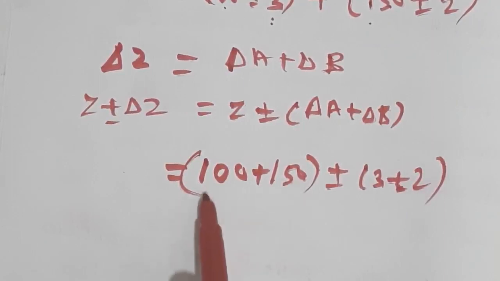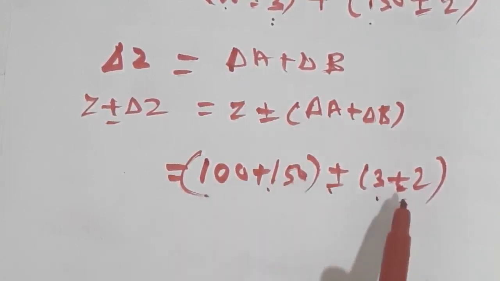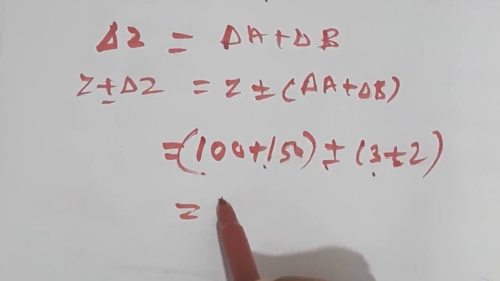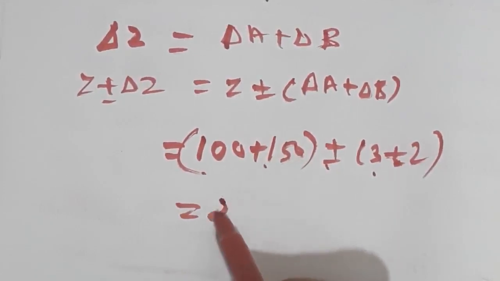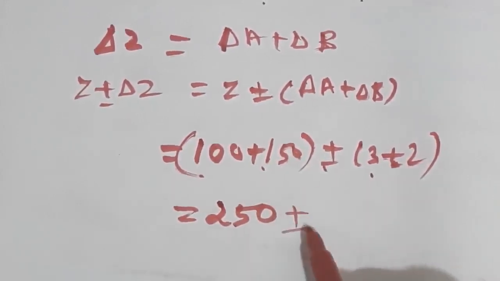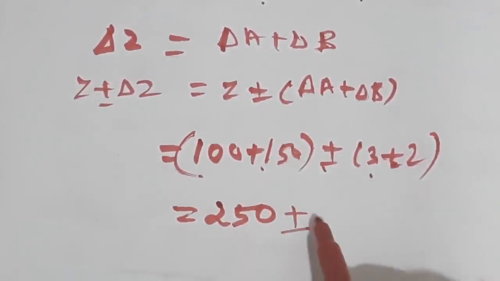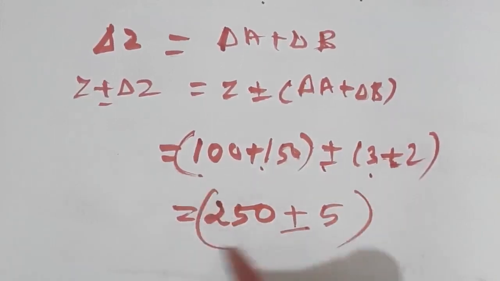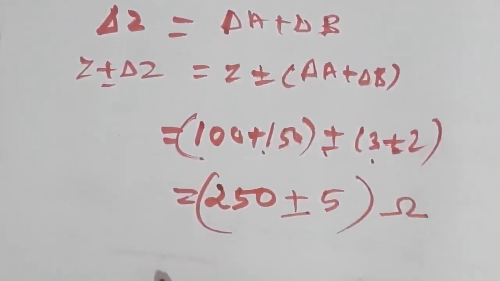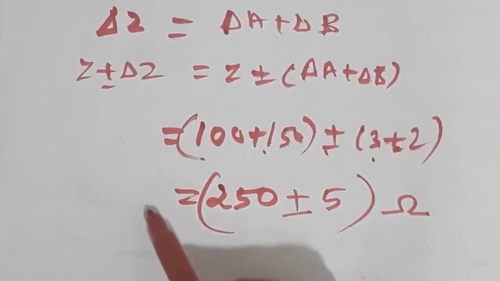So what is the answer? 100 plus 150, 250 plus or minus 3 plus 2, 5. So 250 plus or minus 5 ohm.